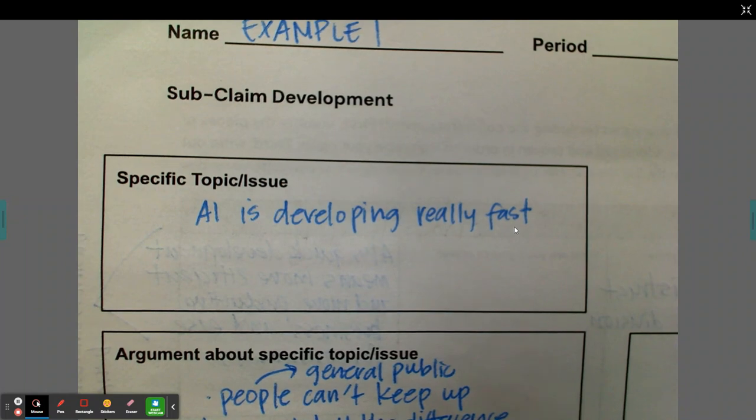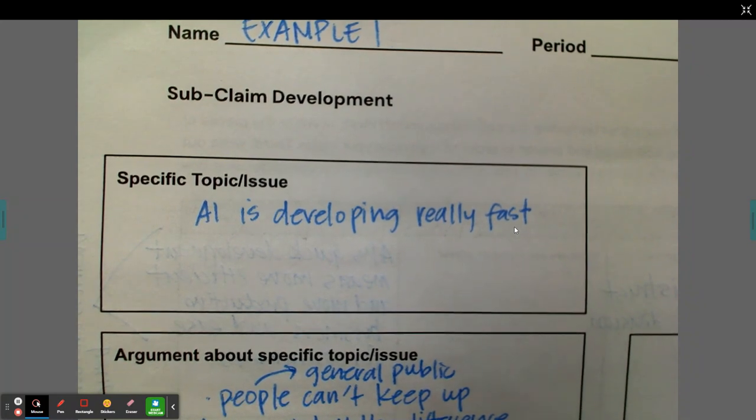And try to be specific. Don't just say AI. Don't just say animals in zoos, teenagers vaping, okay? Try to give it as much specificity as is necessary to understand.